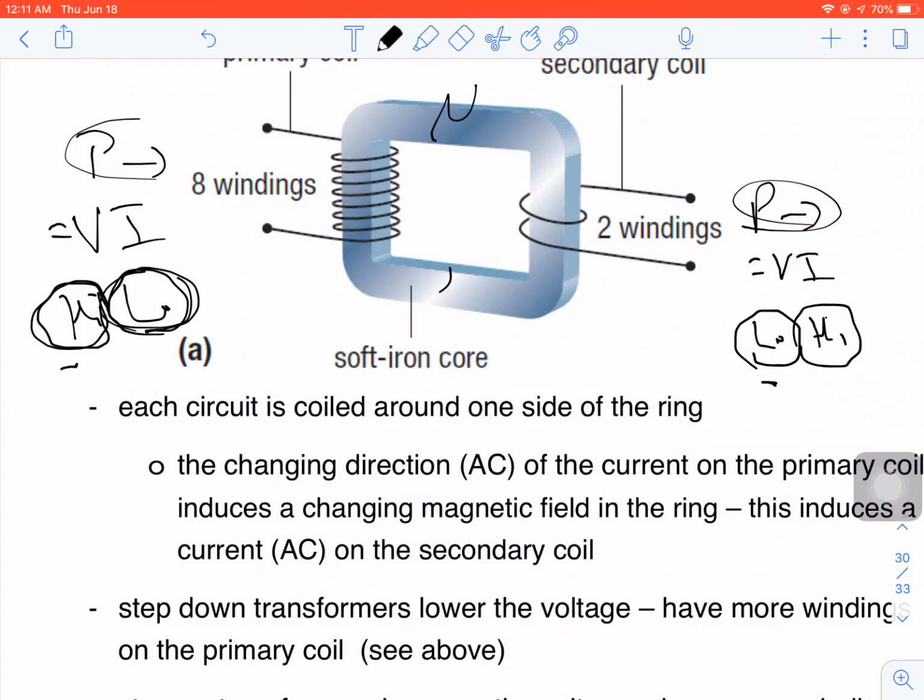on the other side. So I've got two types of transformers here. I've got a transformer that increases the voltage and slows down the current, called a step-up transformer.